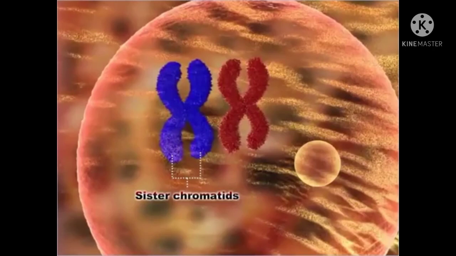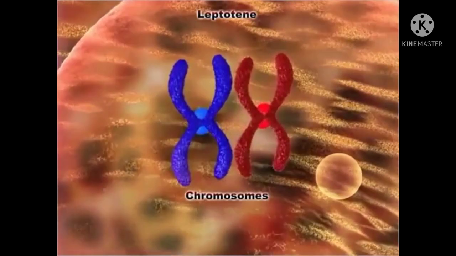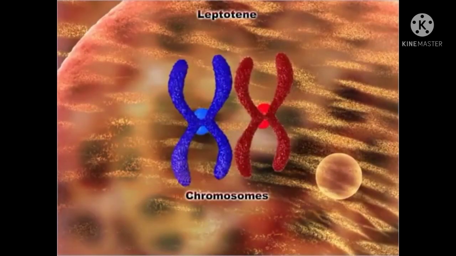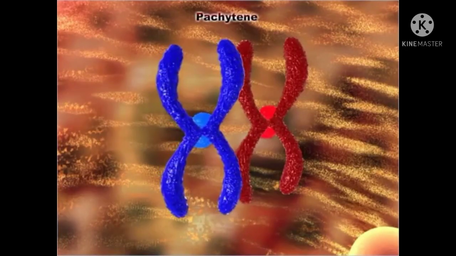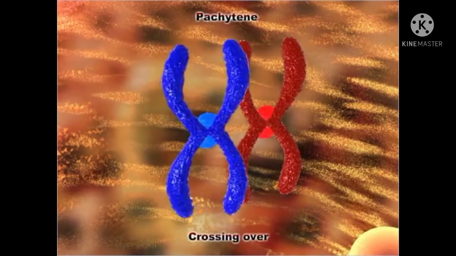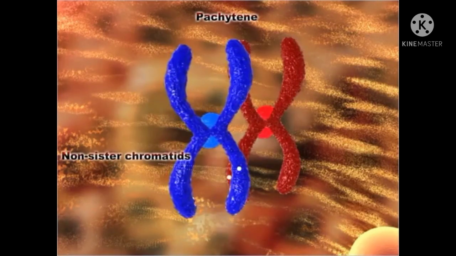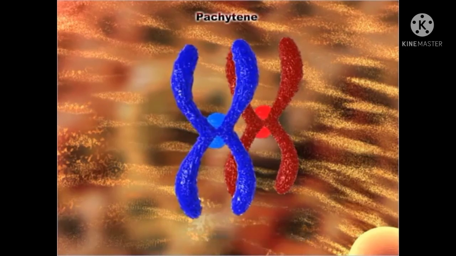Now, let us look at the different stages of prophase 1 in detail. To begin with, let us learn about leptotene. The chromosomes condense and become visible. The zygotene phase is followed by pachytene. During pachytene, chromosomal crossing over takes place between the non-sister chromatids of the homologous chromosomes.